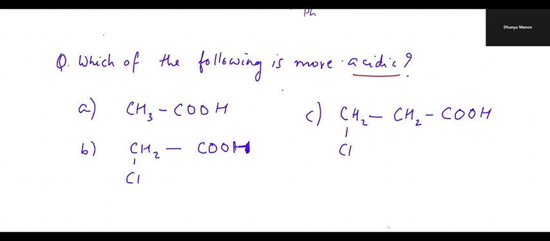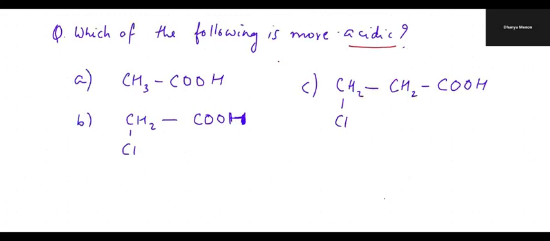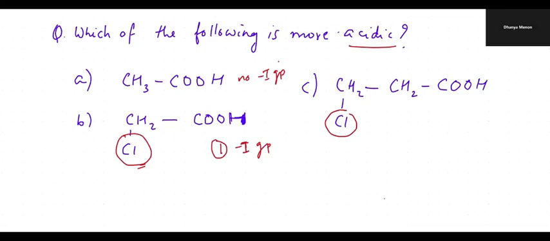Coming to the next question, there are three options over here. As you can see here in the first option, there is no minus I group. In the second one, there is one minus I group. One chlorine atom is there. In the third one also one is there, but if you compare the second one with the third one, what about the distance?